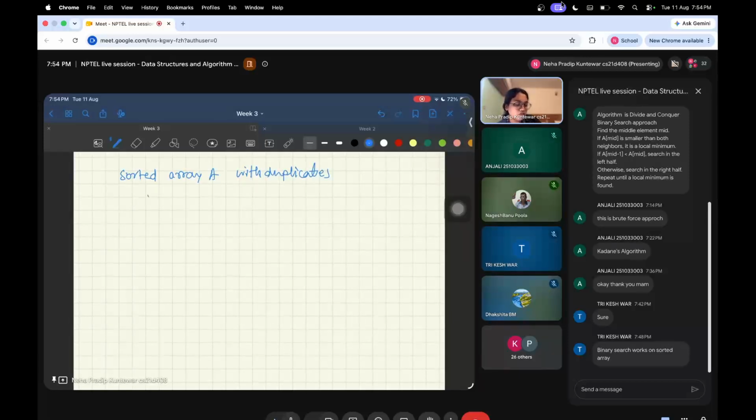Repetition is allowed. Find i such that A of i is equal to i. Okay.